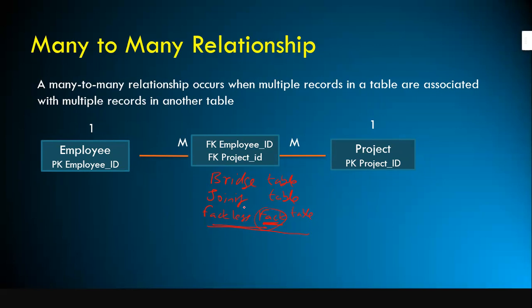Now the question is, why should I use the bridge table? We use this bridge table or joining table to capture every instance of employee and project. See here, you have the employee table, and here you have the details of all the projects. In this table, the project ID column is the primary key, whereas in this table, the employee ID is the primary key.